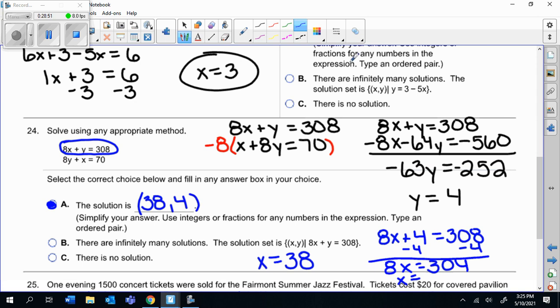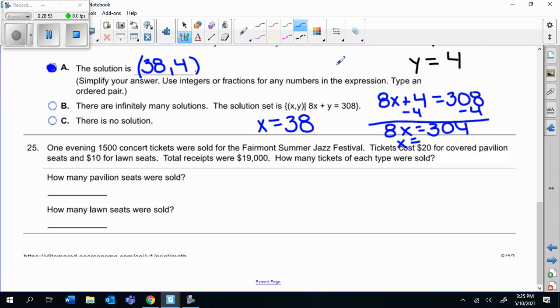All right, 25. One evening, 1,500 concert tickets were sold. One of the few word problems that are on the final. So we have a total number of stuff. Please recall, we have a stuff, and then we have a money, typically. So we have pavilion seats and lawn seats.